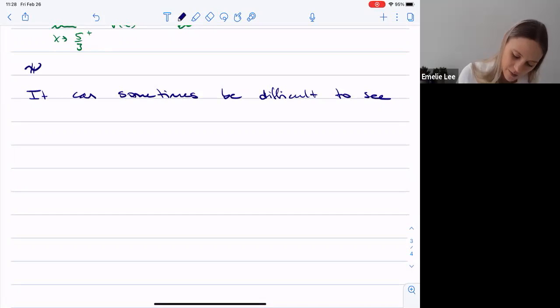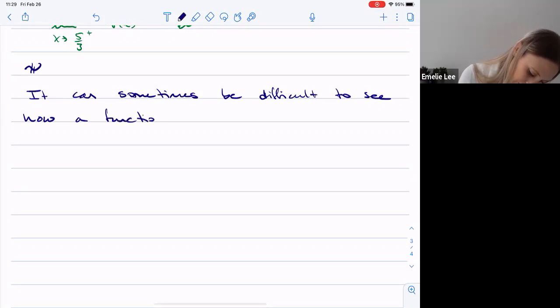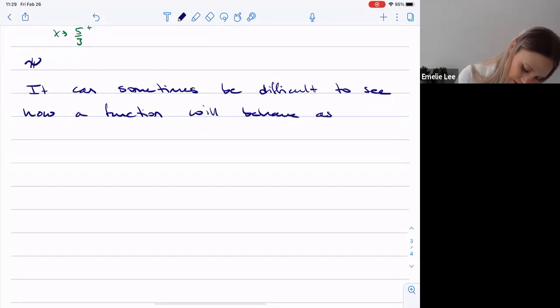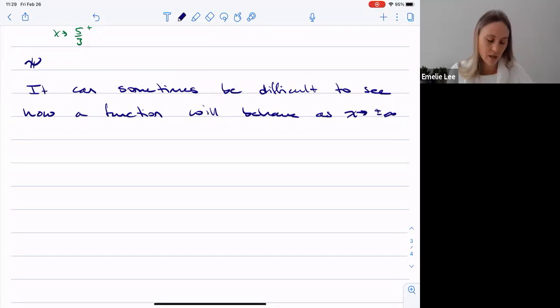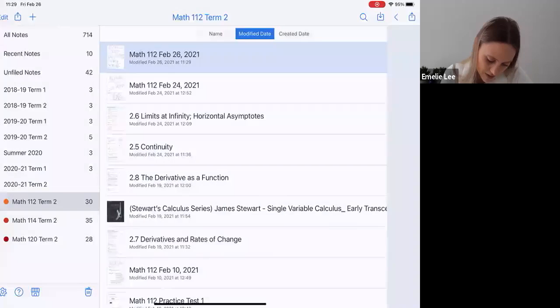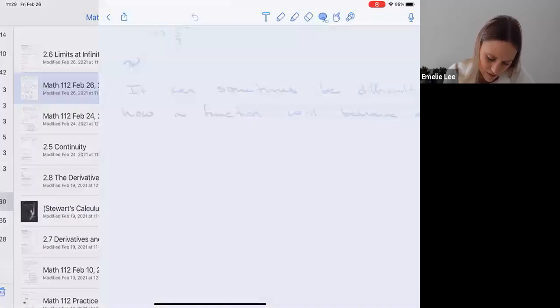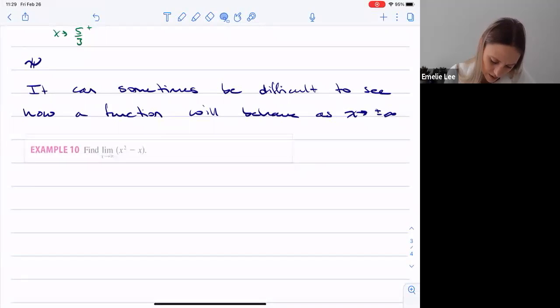So it can sometimes be difficult to see how a function will behave as x goes to plus minus infinity. And so I'm actually going to grab example 10, which is the last one on that handout. But it's actually the easiest one to illustrate what I'm saying here.